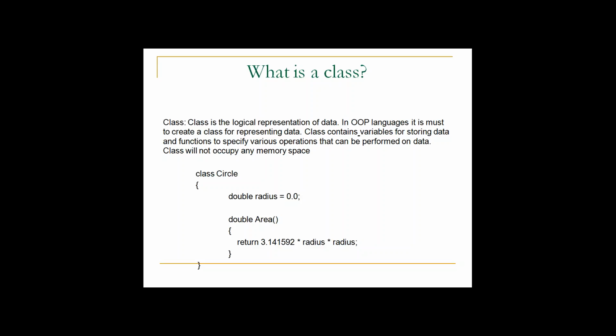No. If it had been accepting any parameters, they would have been defined inside the open and closed parenthesis next to your area, right? And here, what is area? Area is the name of the function. And what is double? Double is the return type of your function. What type of value it would be returning, right?